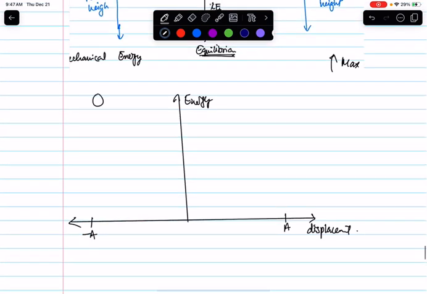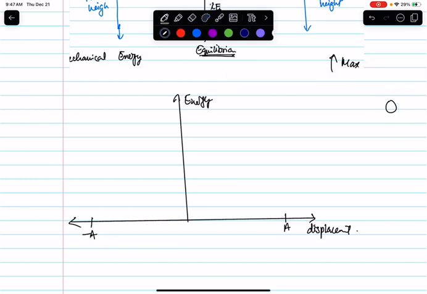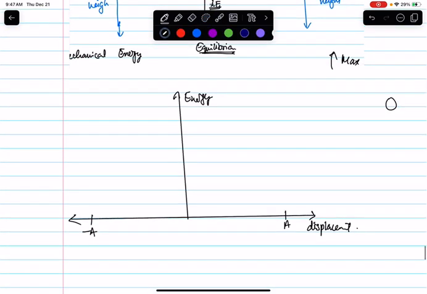And as we saw, the gravitational potential energy depended on the height. So at this amplitude position, you would have maximum height, so maximum gravitational potential energy, and then it would be varying like this. Okay, so I'll draw it over here, and you can see it this way. So essentially, you would have this sort of thing.